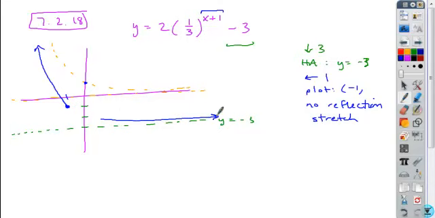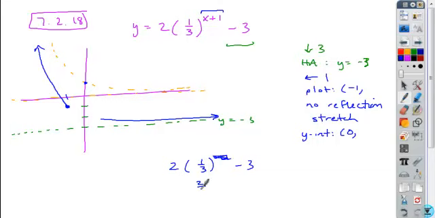What we don't know is where that y-intercept is, and that's the main question: how do you find the y-intercept? The y-intercept is found by just plugging in 0 for x. If we take this original expression and plug in a 0 up here, we get 2 times 1/3 to the power of 0 plus 1, and then minus 3. 0 plus 1 is 1, which just leaves the number itself, 1/3.